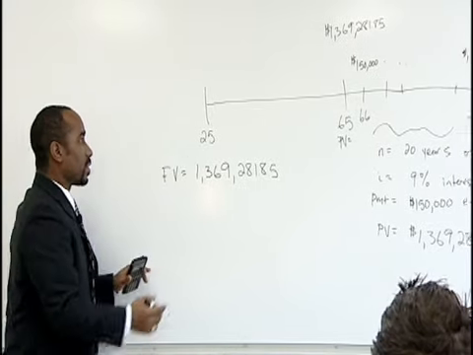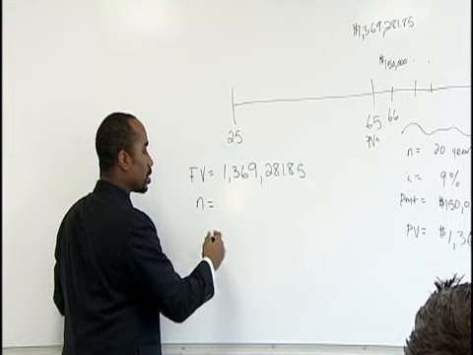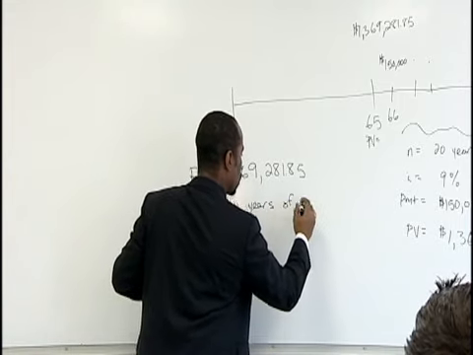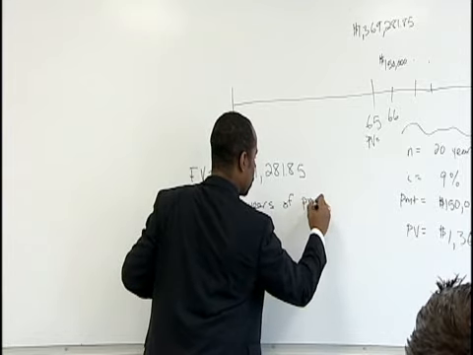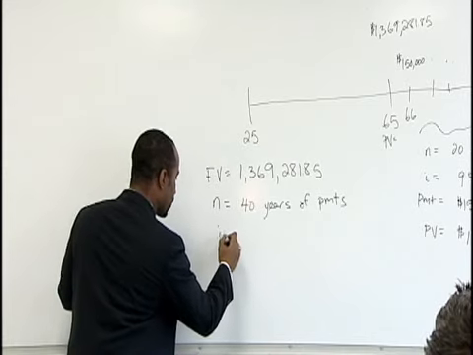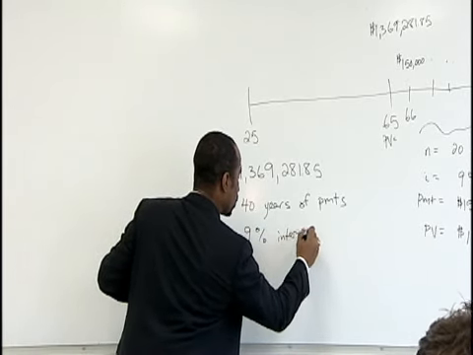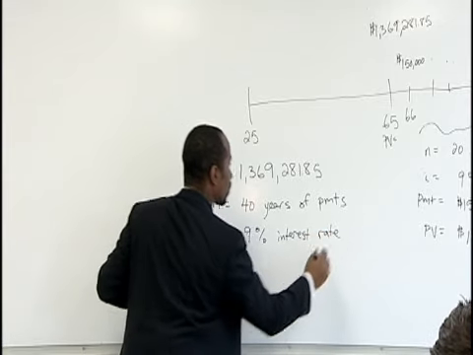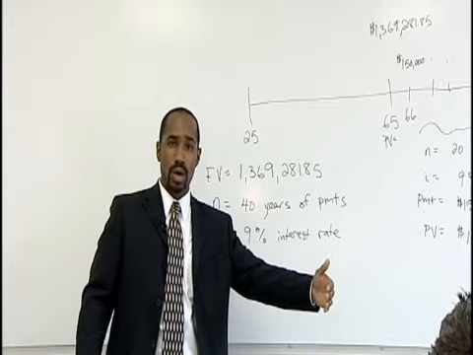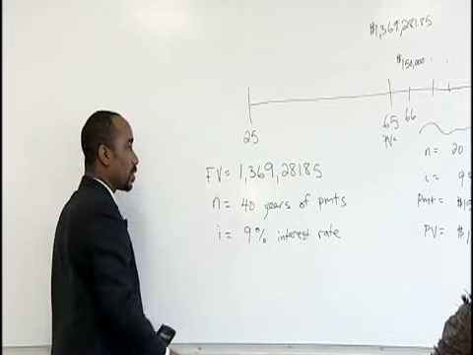Now our number of years is 40 years of payments. Again, we're hoping we can get this 9%, and we should be able to. So, 9% interest rate, and we're making payments every year while we're working so that we can get to this future value of $1,369,000.